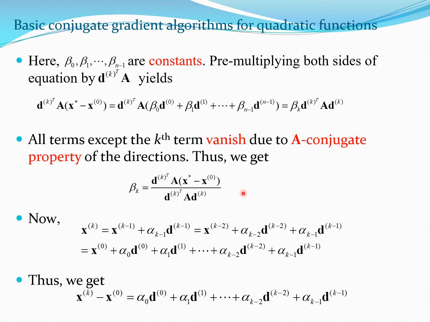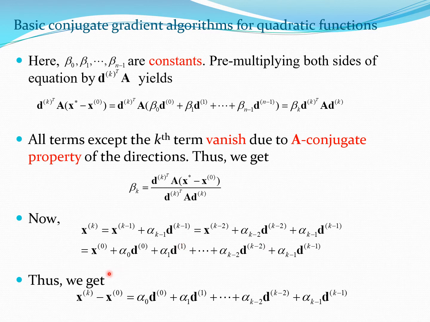Now we are going to spend some time trying to further simplify this definition of beta k. So let us look at xk. Now xk is going to be xk minus 1 plus alpha k minus 1 times dk minus 1, which is the general search formula. Now you keep going backward in time. So this will then become xk minus 2 plus this term here with k minus 2 and this term here.